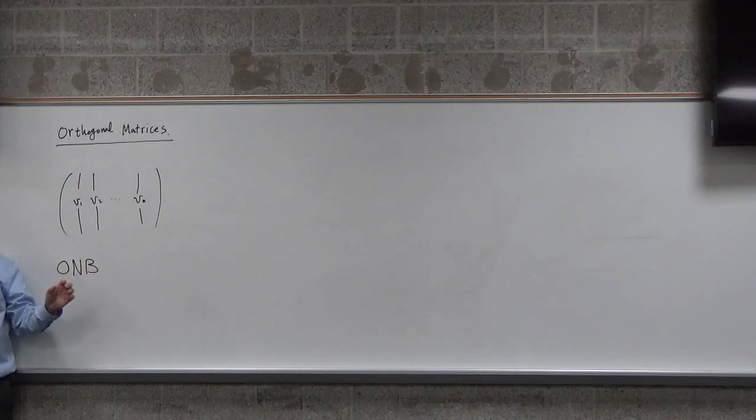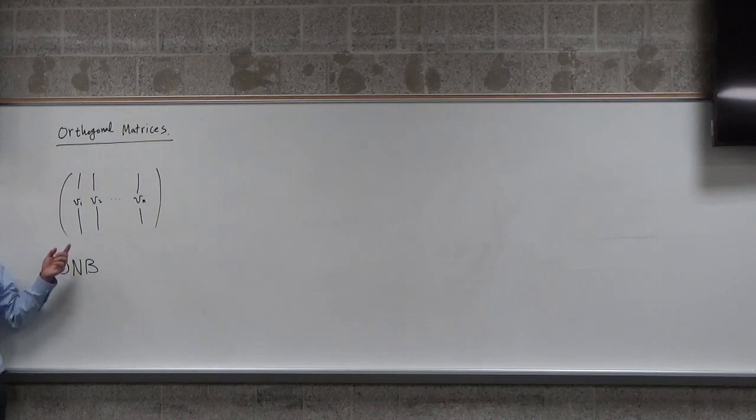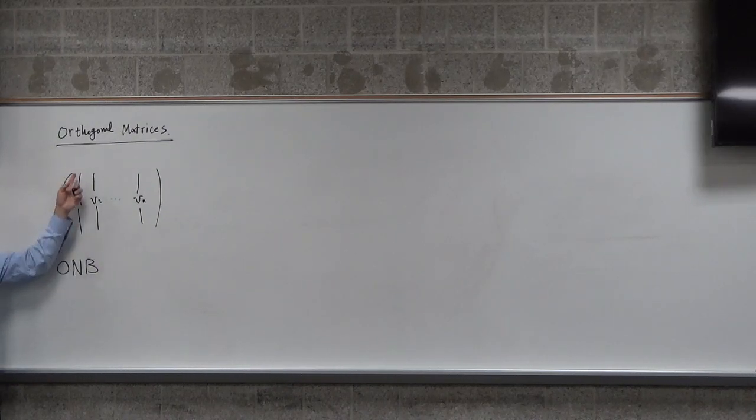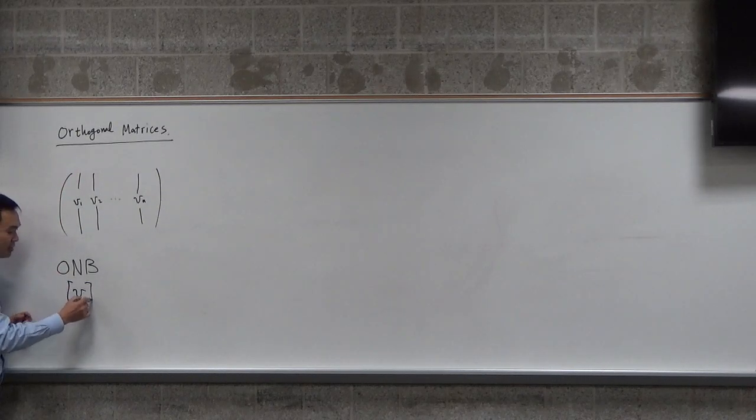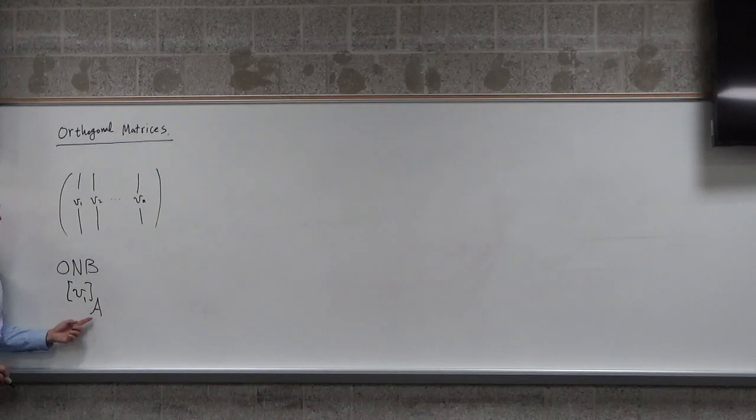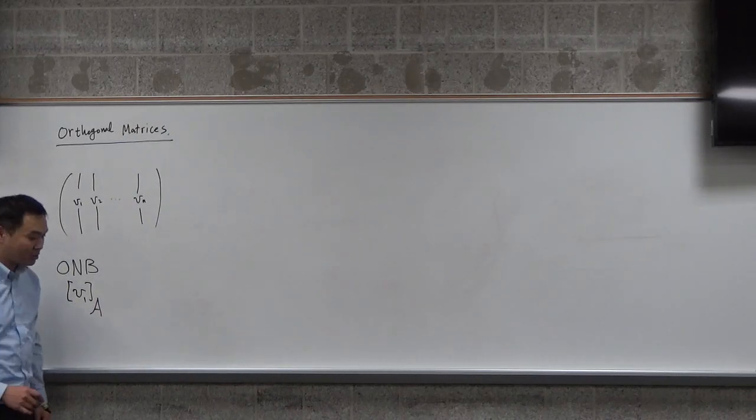So let's call the standard basis A, and this other basis B. V1 will be the very first element in the list B, and V1 as a column vector is V1 represented with respect to the standard basis A.